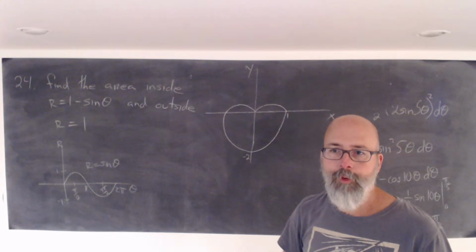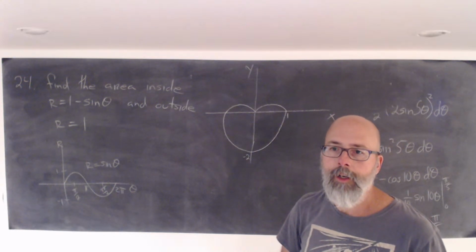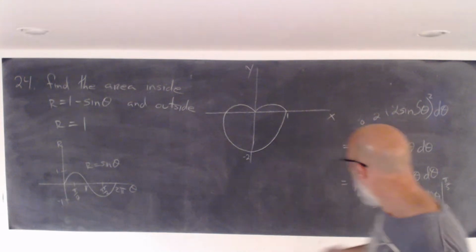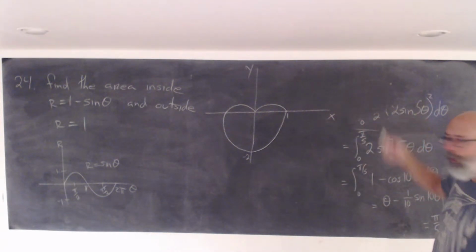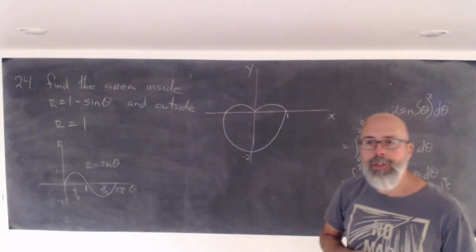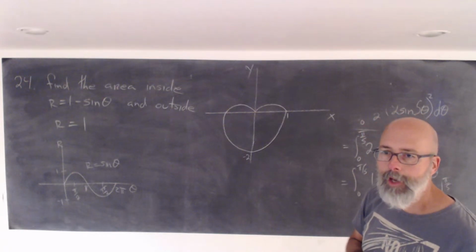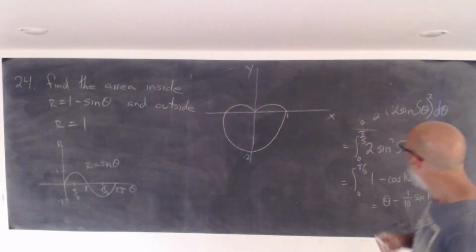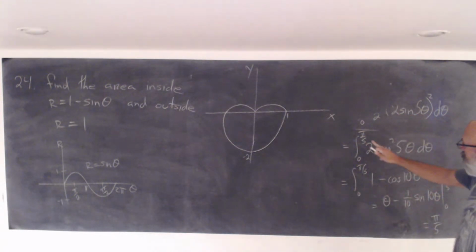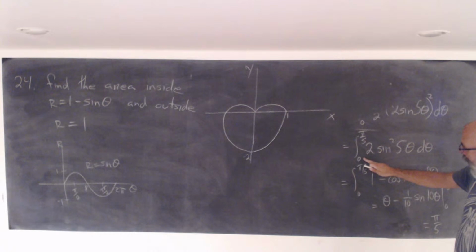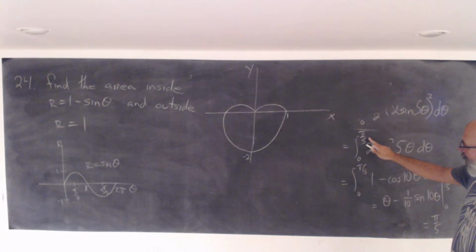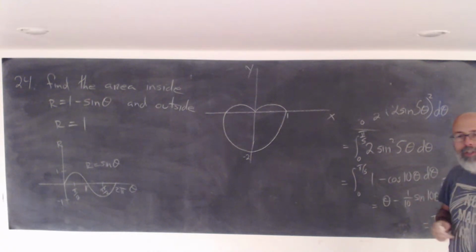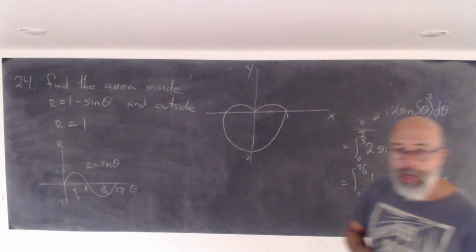Yishen is asking if we want to find the area of this thing from 0 to 2 pi, can we say it's the same as the area of one petal due to the odd property? If you did the integral from 0 to 2 pi, it would actually be the same as 10 petals.